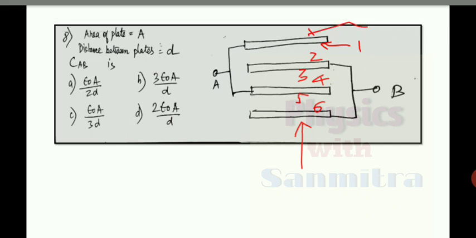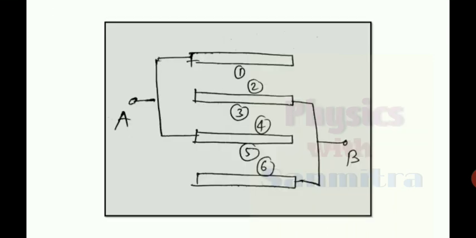So you can see 1, 2, 3, 4, 5, 6. I will consider the individual plate surfaces as separate plates.